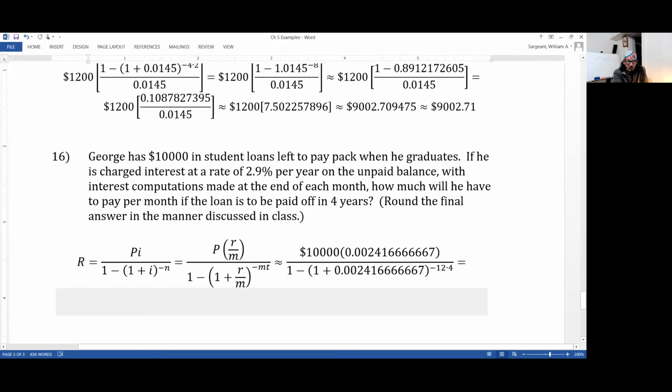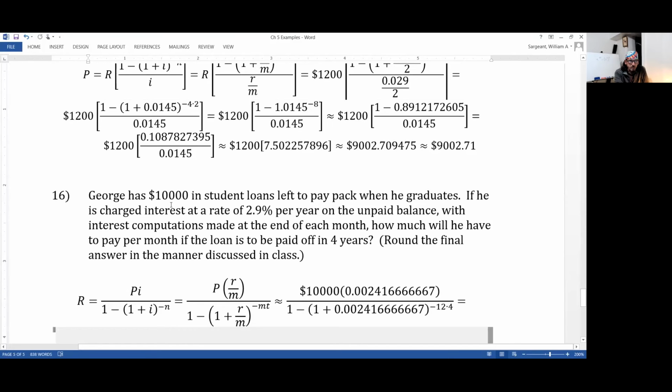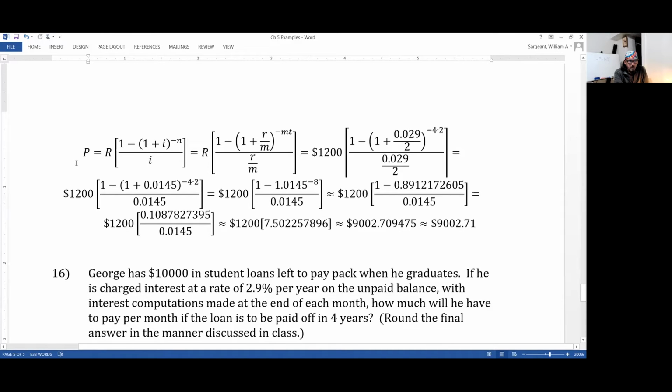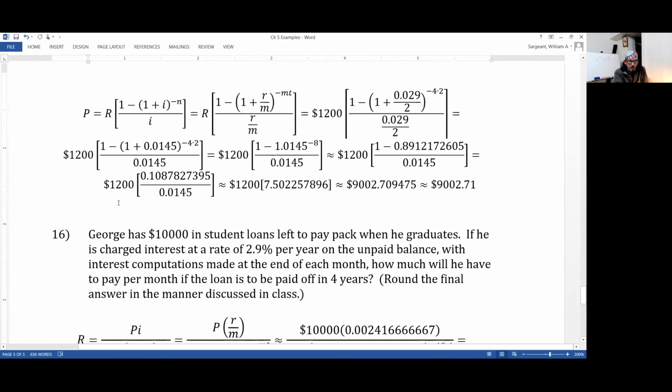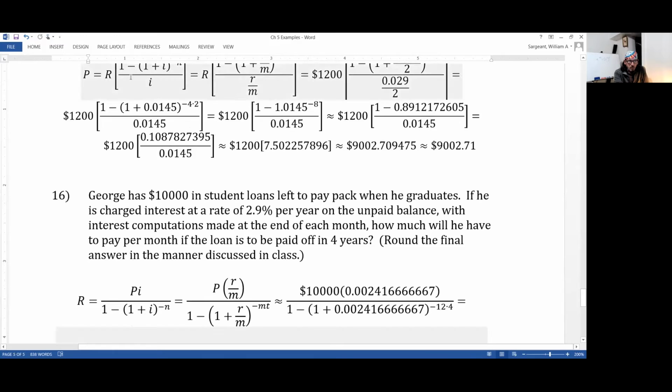I may repeat myself a little bit, but going from finding the present value of an annuity to figuring out how much would have to be paid periodically for an amortization, it looks to me as if we have multiplied both sides of this formula by the reciprocal of what we have in the brackets to get R alone, the recurring payment.